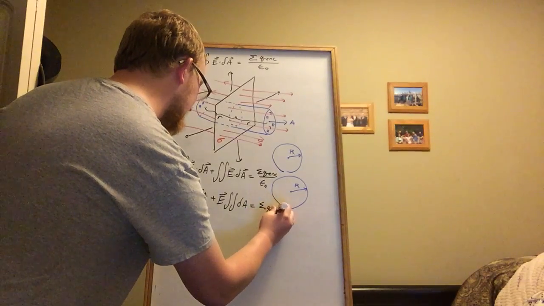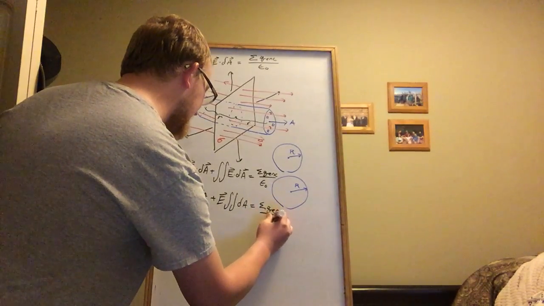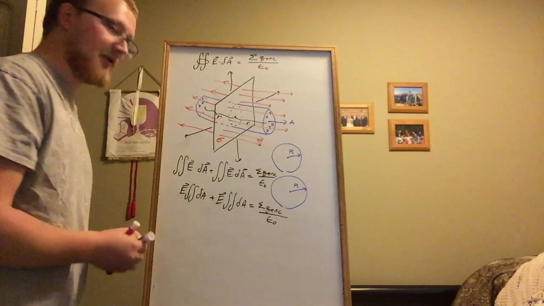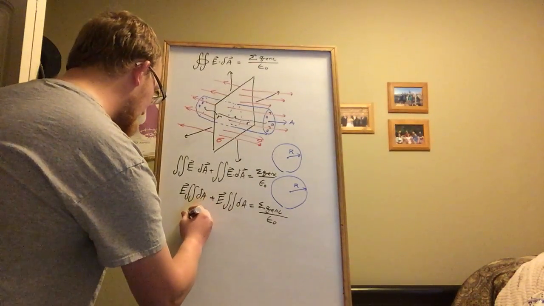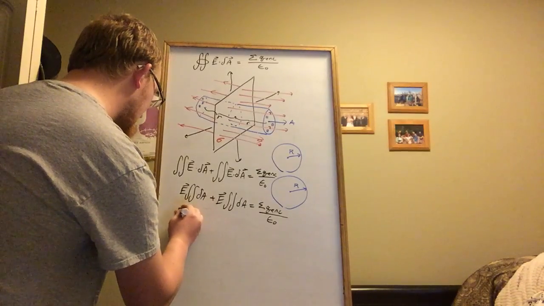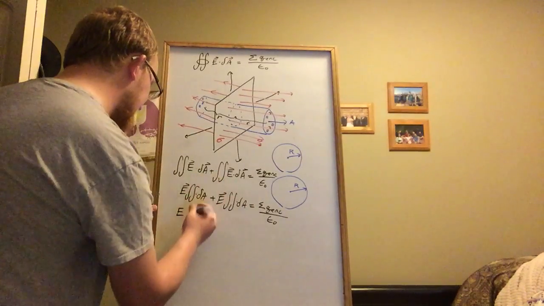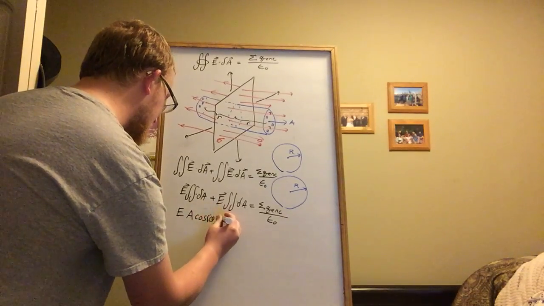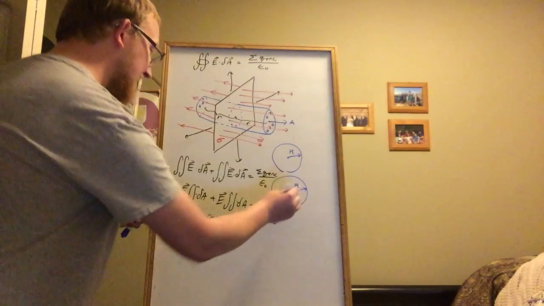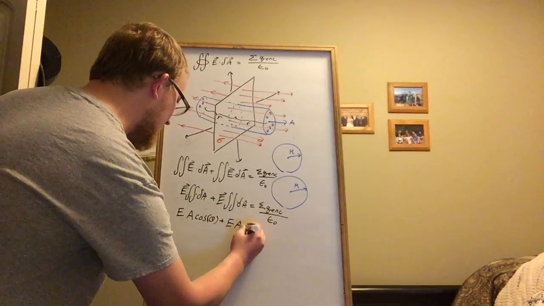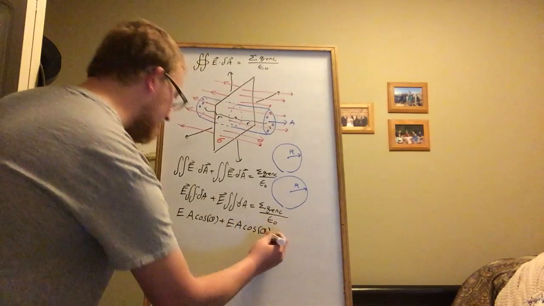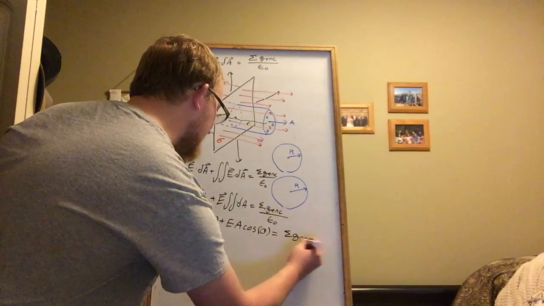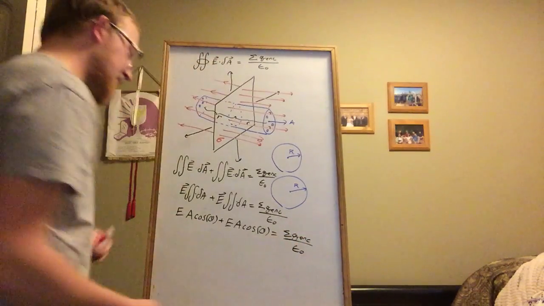And so that's still equal to the sum of charges enclosed divided by epsilon naught. You'll notice that the integral of dA is just going to equal A. And of course we had a dot product in there as well. So what it really is going to be is EA cosine theta, plus the flux through the second surface, which is EA cosine theta, equal to the sum of charges enclosed divided by the permittivity of free space.